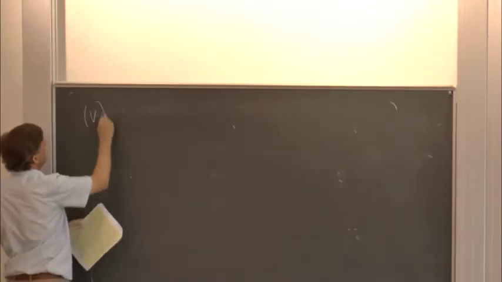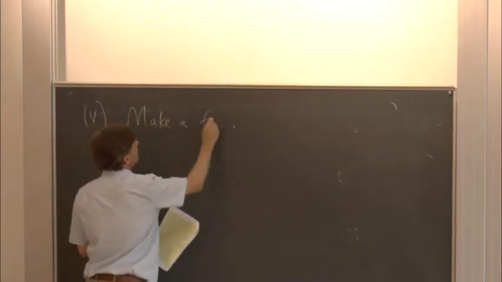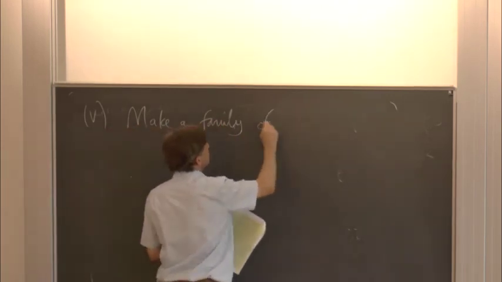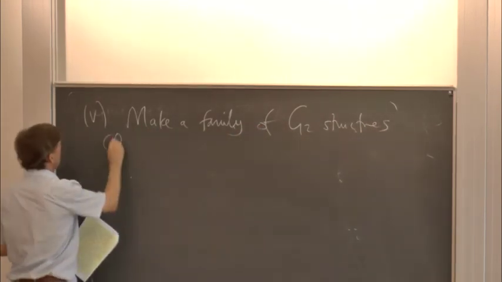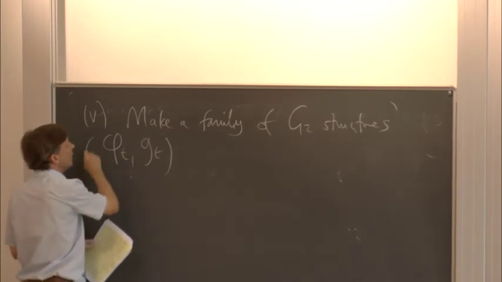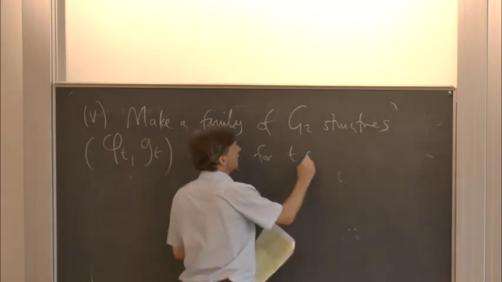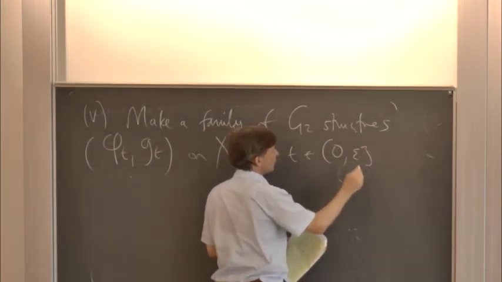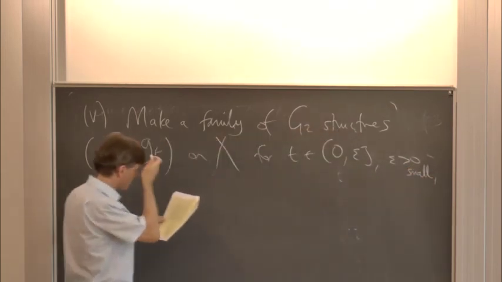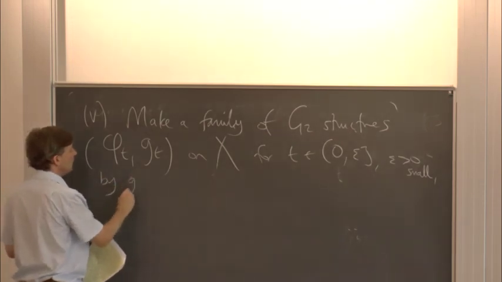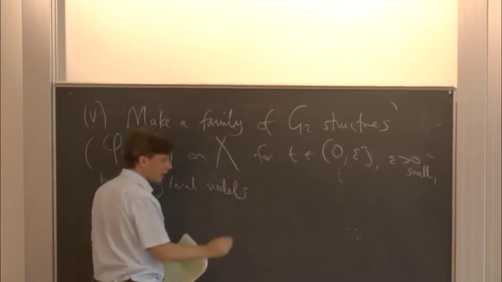Okay, so fifthly, we make a family of G2 structures phi t, g t on your compact 7 manifold X for t in some small interval 0 up to epsilon, where epsilon is small, by gluing local models with a partition of unity.